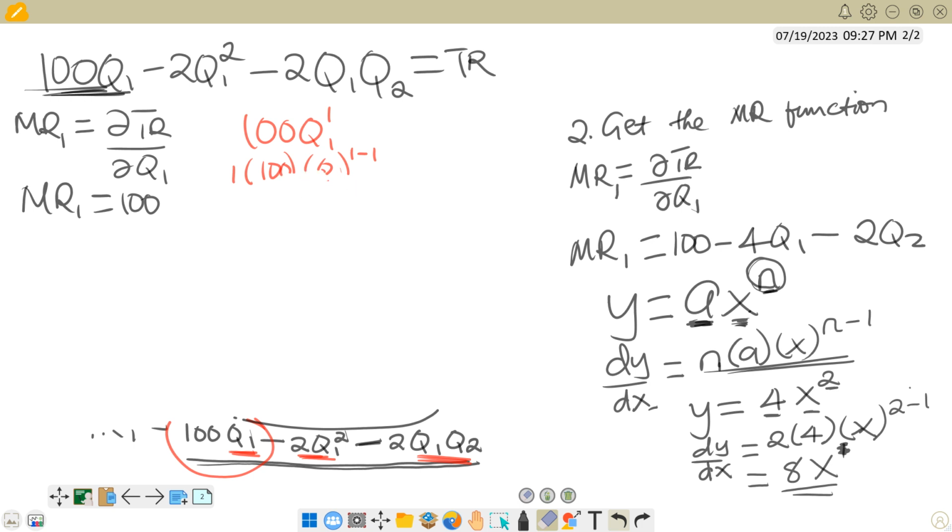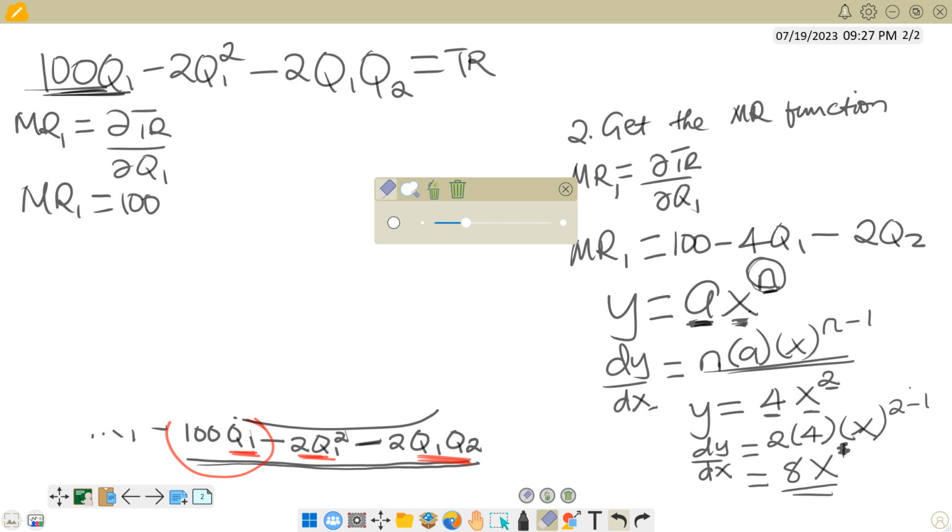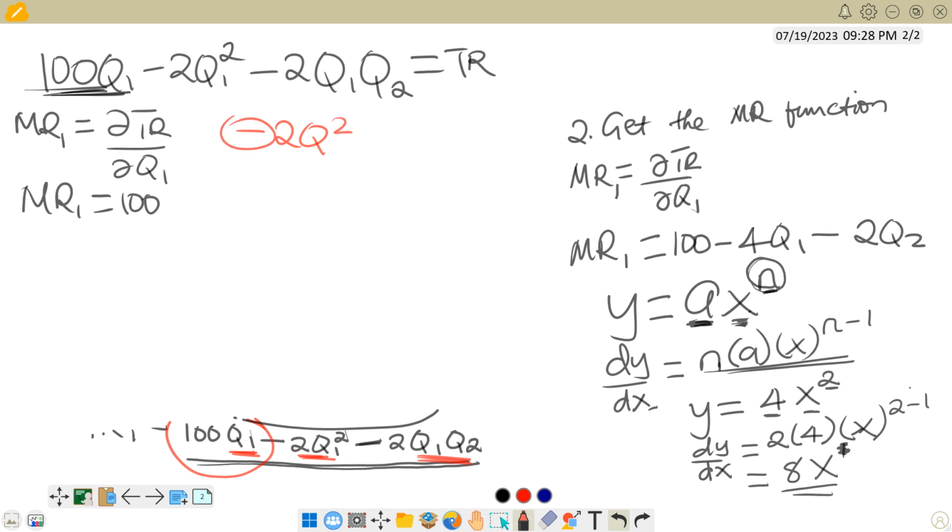Going to the second term, which is minus 2 q1 squared. So the second term there is minus 2q squared. What we can do is get this guy, put it here, so that we can just deal with a positive function.